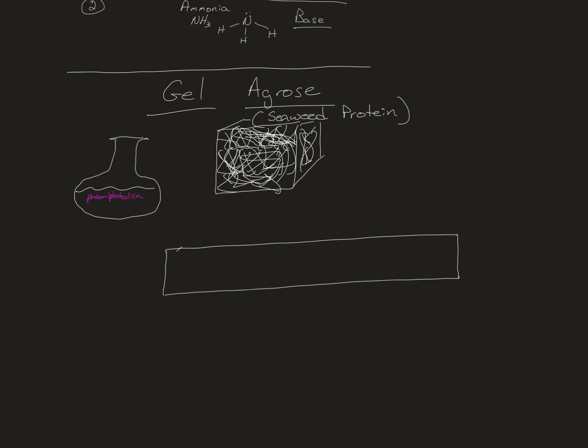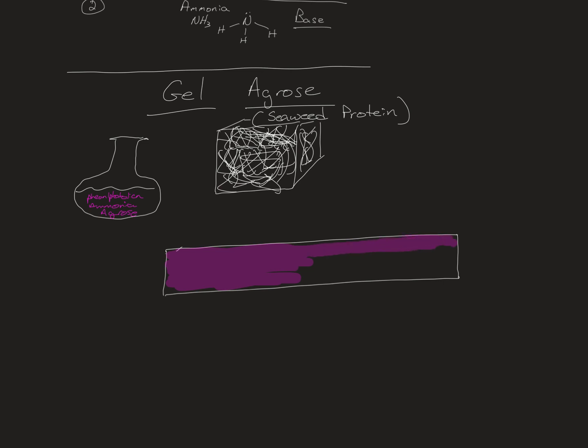I added ammonia, and I added agarose to water, the three together, and then I let it cool in the refrigerator, and what that gave me was this pink gel, just like Jello gelatin.